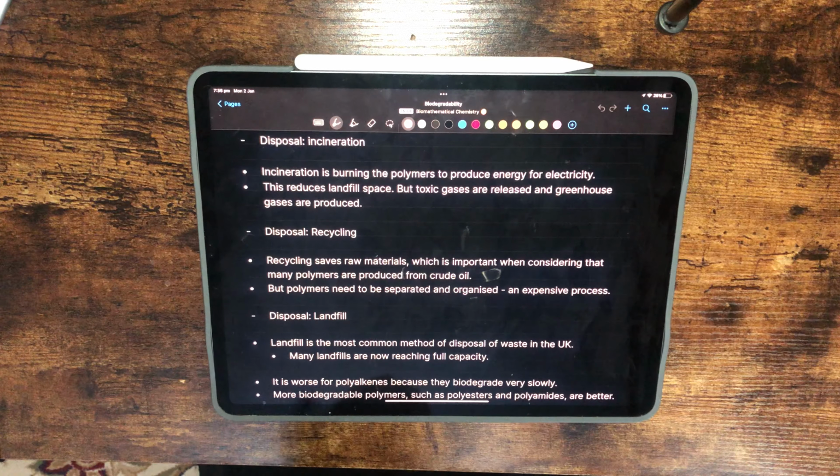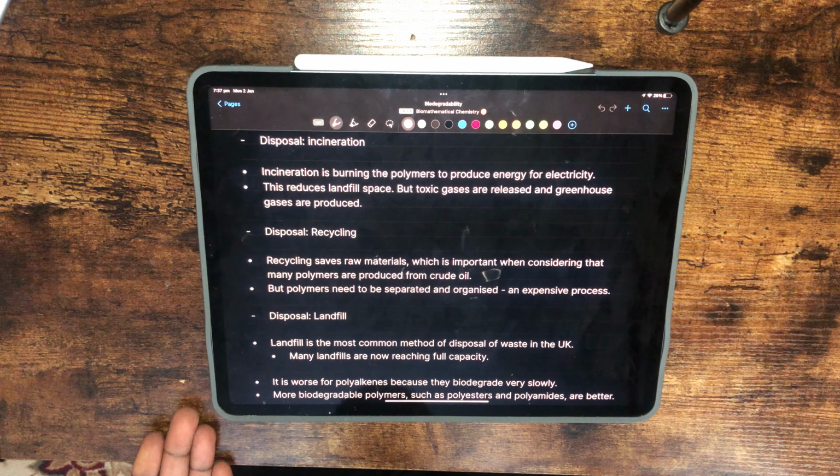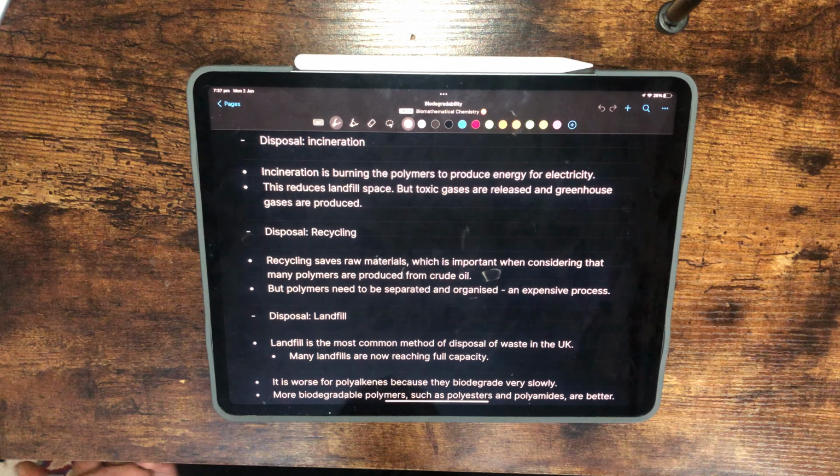So this is actually a way to produce energy. They do this mostly with plants and trees, but you can also do it with waste. As you burn it, energy is released, and obviously combustion is an exothermic process.